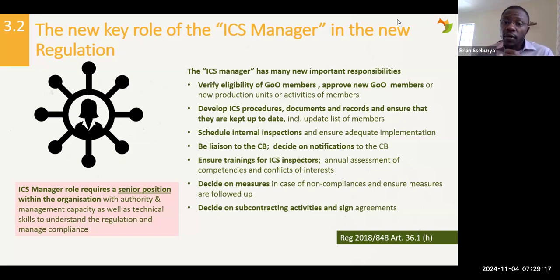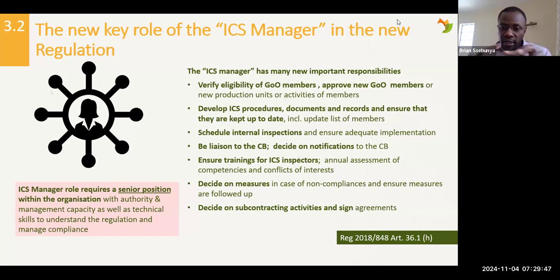Decisions on measures in case of non-compliances, and ensuring that they are followed up. So when a farmer violates, what punishment, so to speak, they get, that's for the ICS manager to decide. That's why we said we need a senior person to be able to take those decisions. And then following up to ensure that whatever measures you've taken are followed up and implemented, that's the ICS manager.